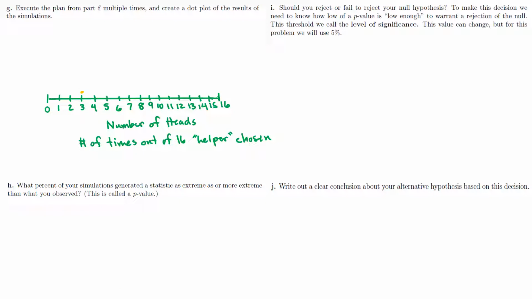On 4, I have 3 dots. On 5, I have 5 dots. And then on 6, I have quite a few. I have 14. So 1, 2, 3, 4, 5, 6, 7, 8, 9, 10, 11, 12, 13, 14.